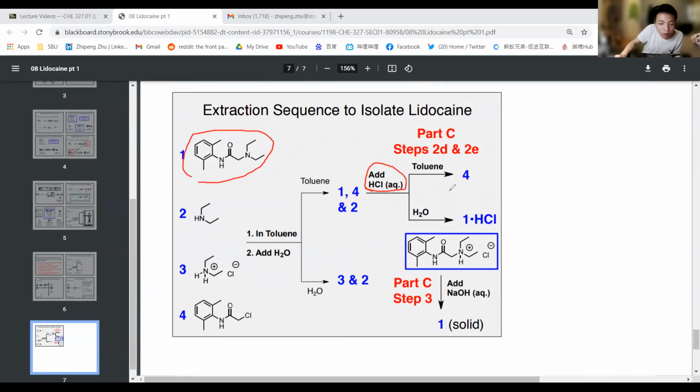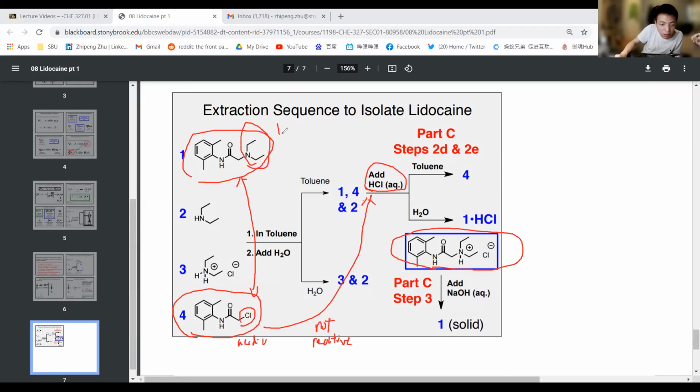So with adding HCl, the lidocaine is actually getting protonated and it's being separated out against the analyte, which has a similar structure. This one is not reactive to HCl. And this one is, because this one is acidic. This one is basic. And that's when you can react and then get separated out.